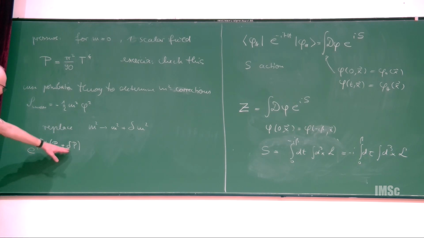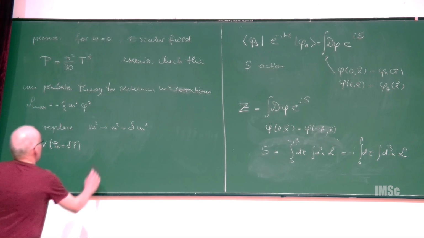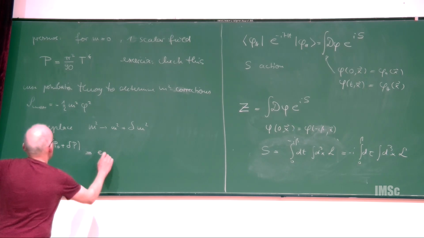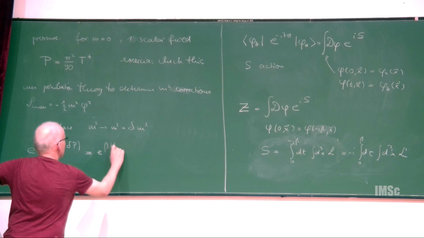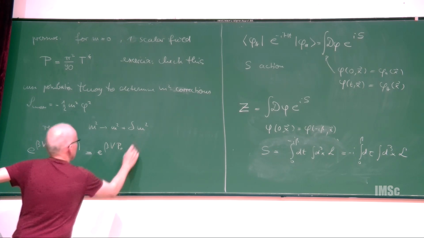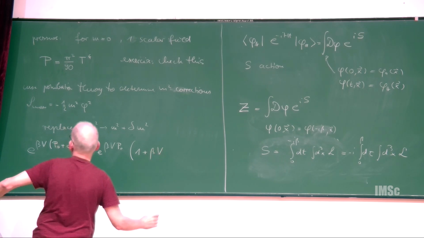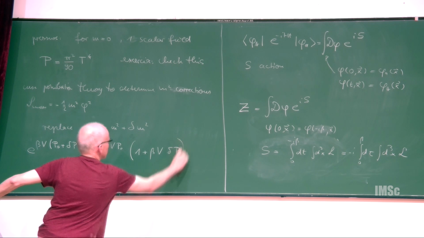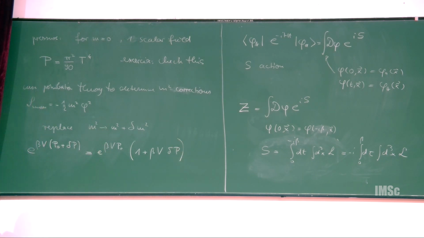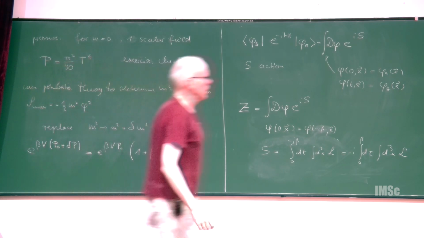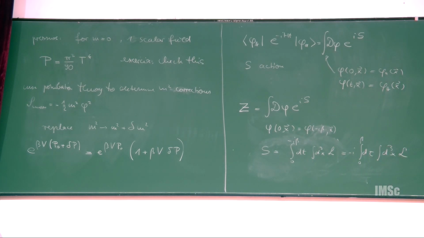Now this term is supposed to be small, so we can Taylor expand to first order, and we get e to the beta volume times p naught times 1 plus beta V times delta p. And that must be, of course, the same as this expression. We also have this, where S interaction is the action due to this delta m squared.